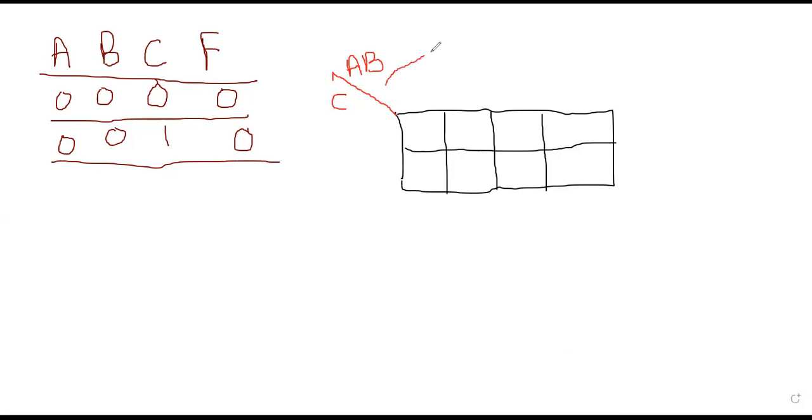This cross section is of a b, and this cross section is of c. So let's say that a b may be 0 0, it may be 0 1, it may be 1 1, it may be 1 0. For c, it may be 0 or 1. So what about the table?